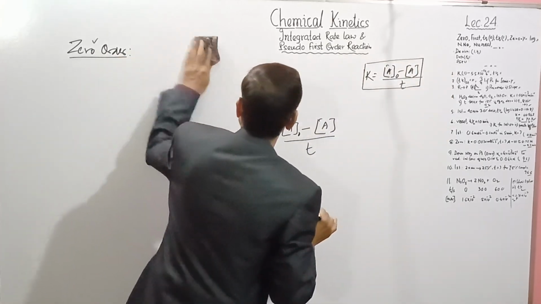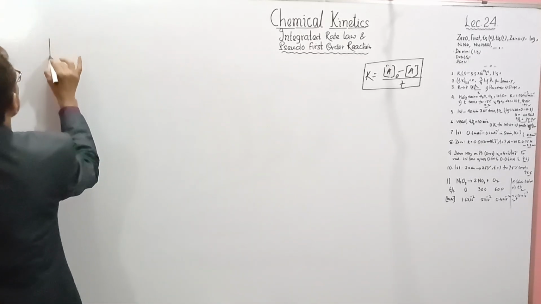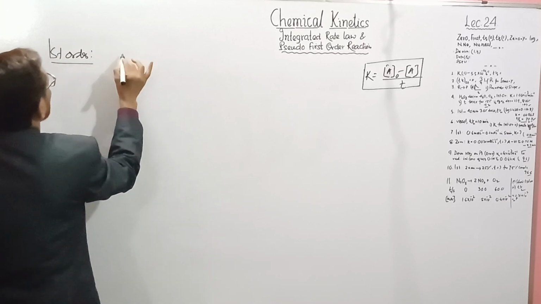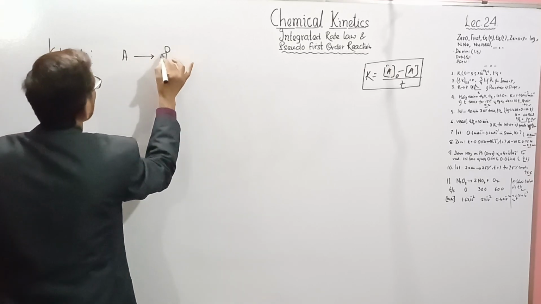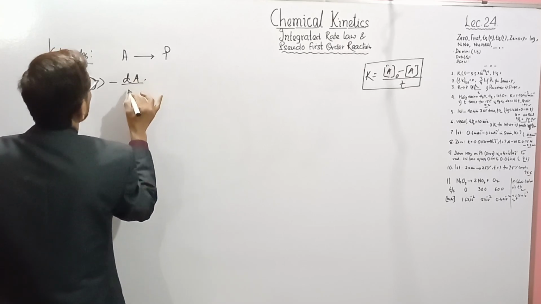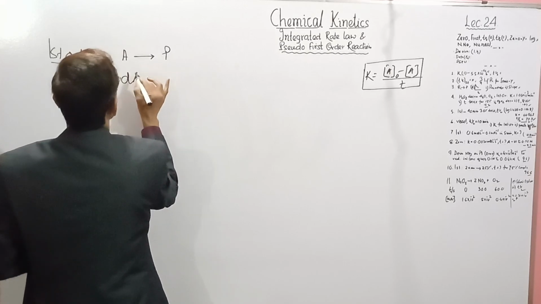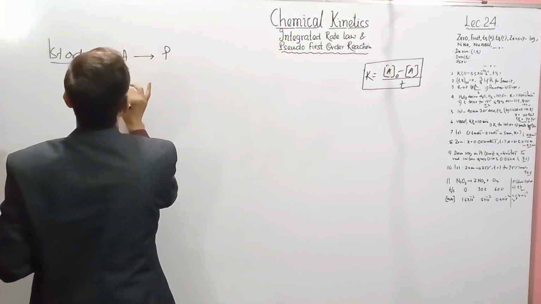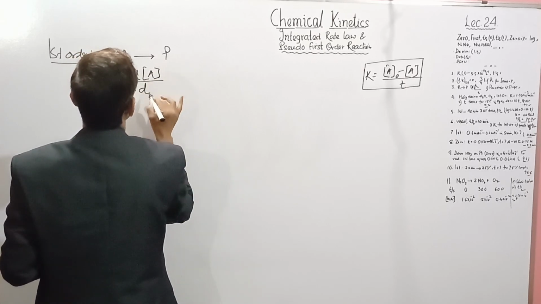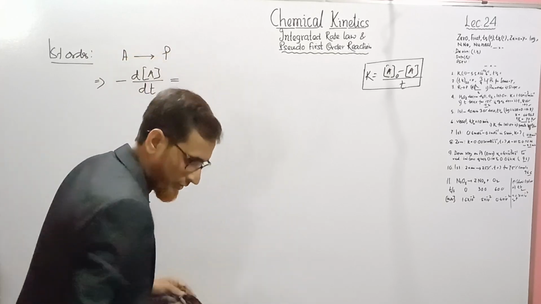So now, the first order reaction. Say A gives product. Here minus dA by dt is equal to the rate.